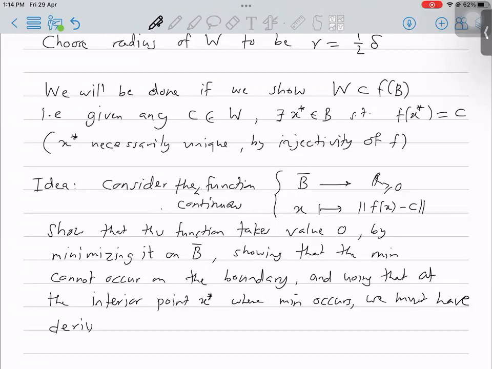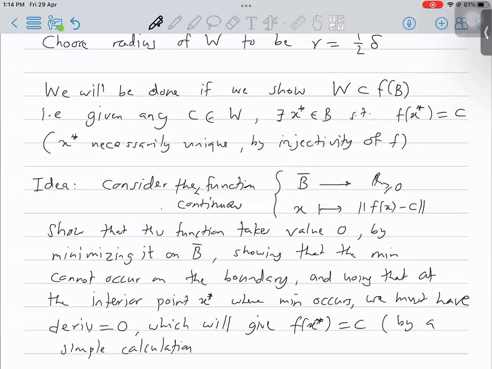The derivative has to be zero. Which will give that f of x star is equal to c by a simple calculation, using invertibility. So I have just laid out the calculation. But for today, we should just stop with this and we'll finish the proof on Monday.